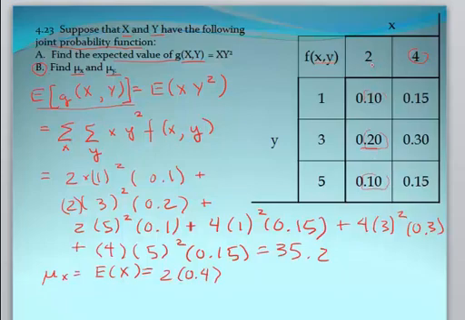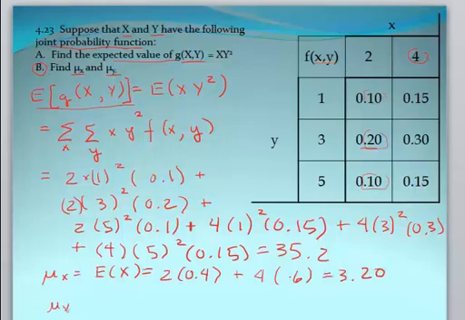Those are the densities for the marginal distribution for y. X is equal to 2, and then plus, we've got 4, and so likewise we're going to add those all up, and that's maybe 0.6, which is equal to 3.20.